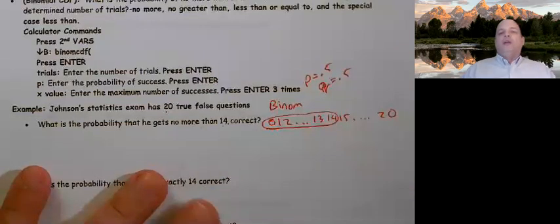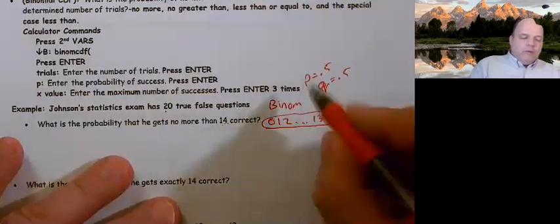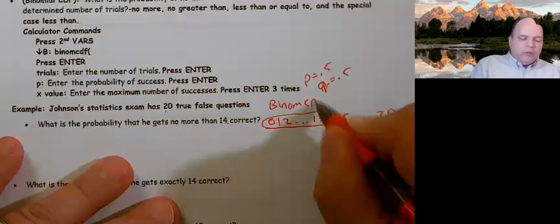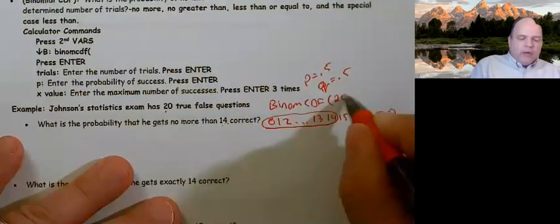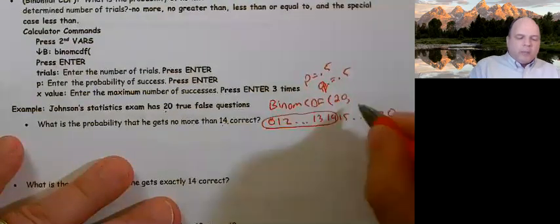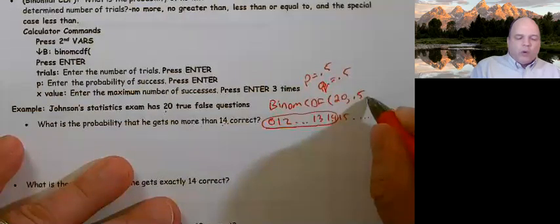All right, no more than 14 means 0, 1, 2, 3, all the way up to 14 would satisfy. So in this particular case, I've circled more than one value. Because I've circled more than one value, this makes it a CDF. We happen to have 20 trials or 20 questions on the test. The probability of guessing correctly is 0.5, and my highest value circled is 14.